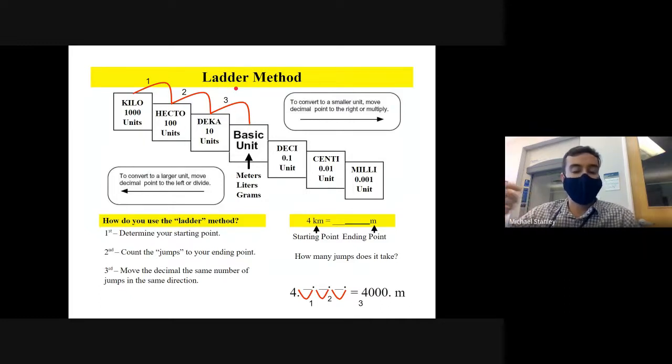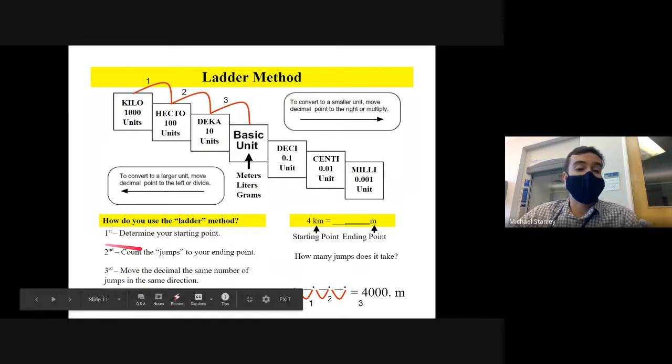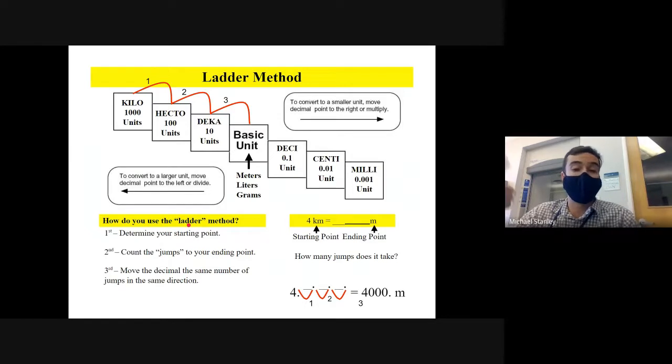So there's kind of three basic steps to the ladder method. We're using this method if we have things of one unit and we want to convert them into a different unit. So say we want to go from kilo units to basic units. Like we have kilometers and we want to know how many meters we have. The first thing that you have to do is determine your starting point and also your ending point.